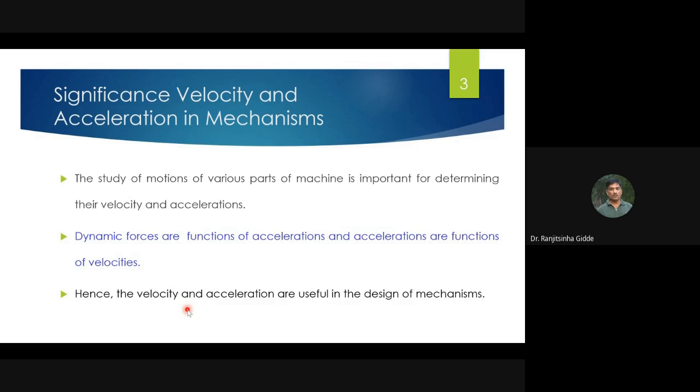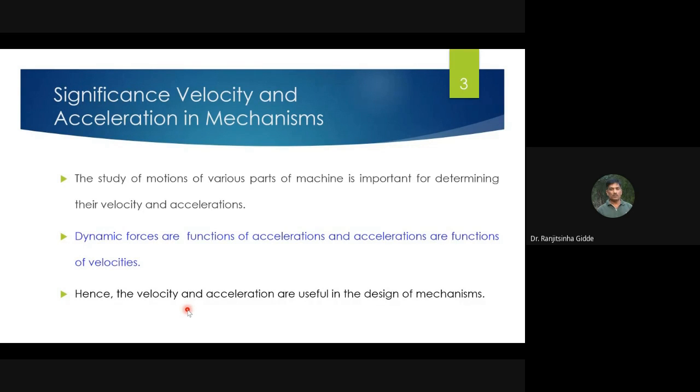After determining the acceleration, we can put the value of that acceleration, and by taking the product of mass into acceleration, we can determine the force, and that force is required to analyze for designing the components, and those components are part of the mechanism. Hence the velocity and the accelerations are useful in design of mechanisms.